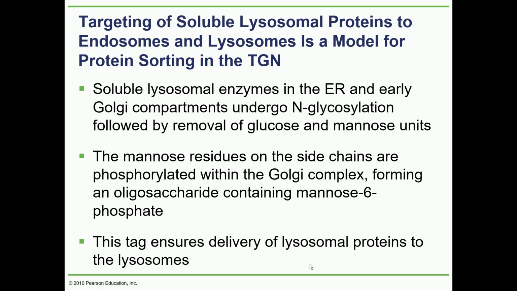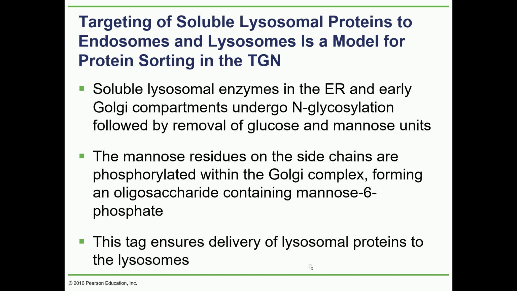Those enzymes are hydrolytic enzymes, but they are not activated immediately. The lysosomal enzymes are made in the Golgi and secreted by the secretory vesicles, and these secretory vesicles from the Golgi having these enzymes fuse with the endocytic vesicles.